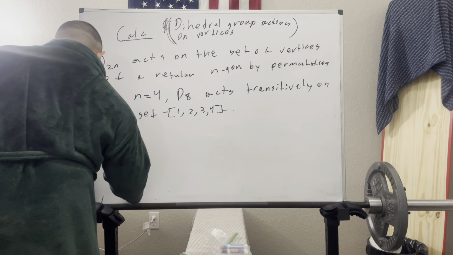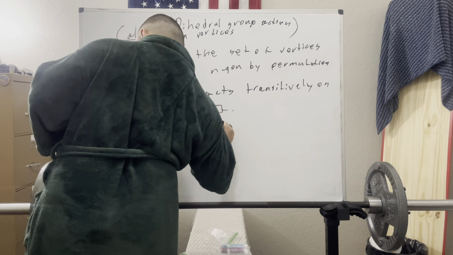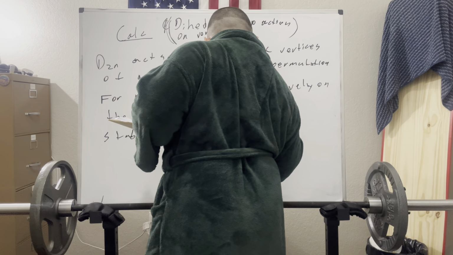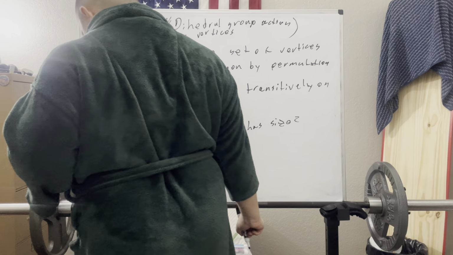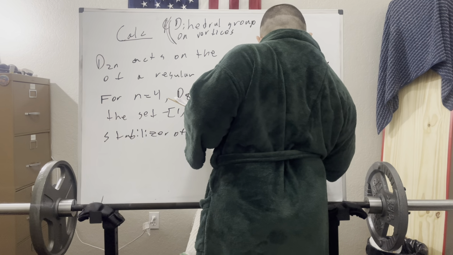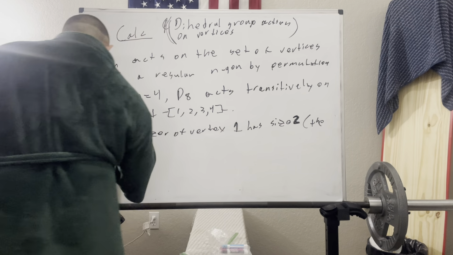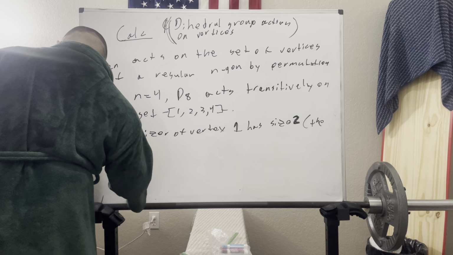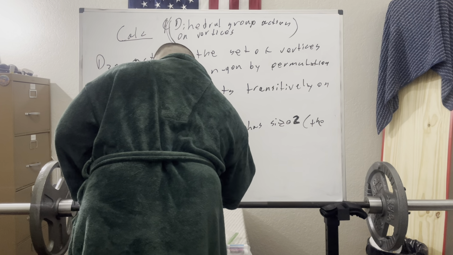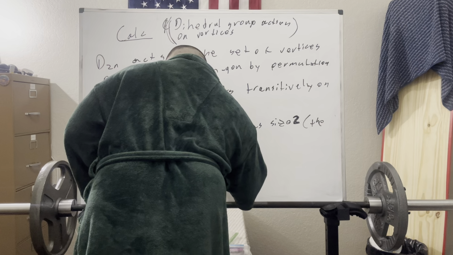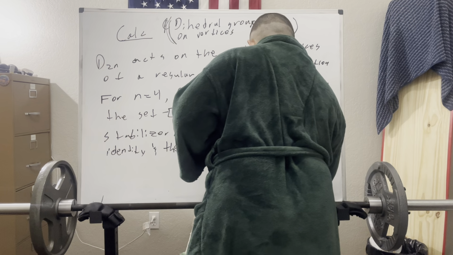The stabilizer of vertex 1 has size 2. This is to say, the identity and the reflection fixing vertex 1.